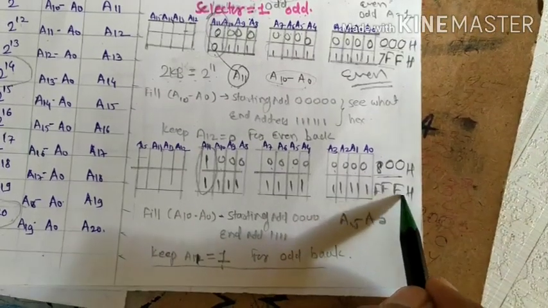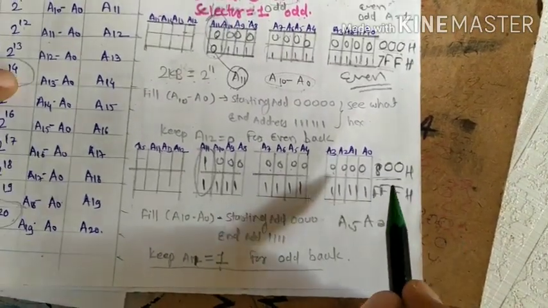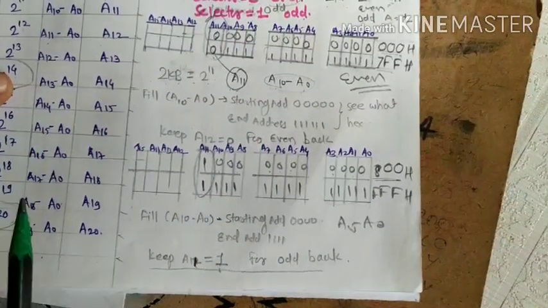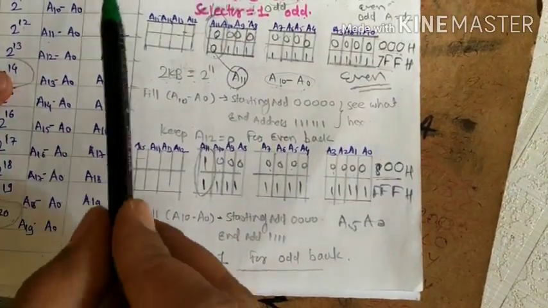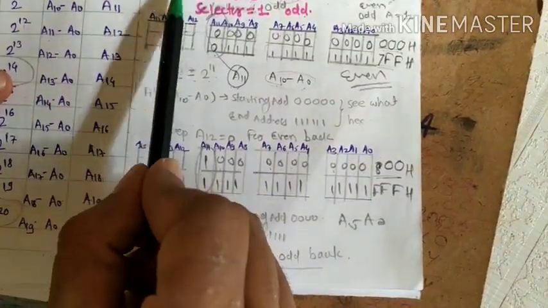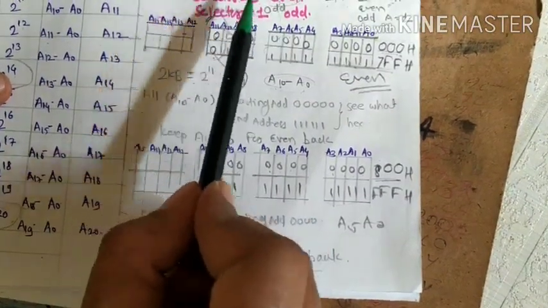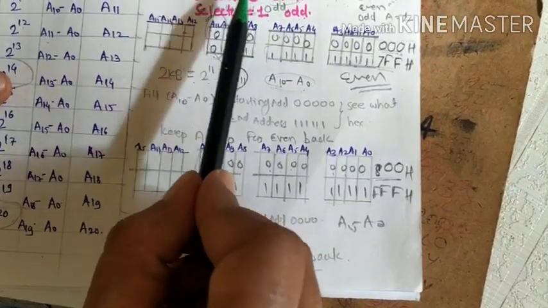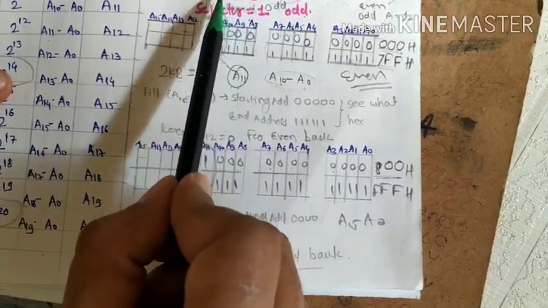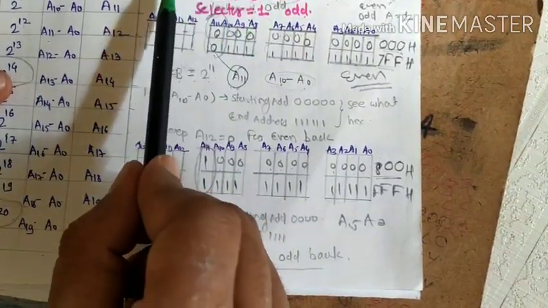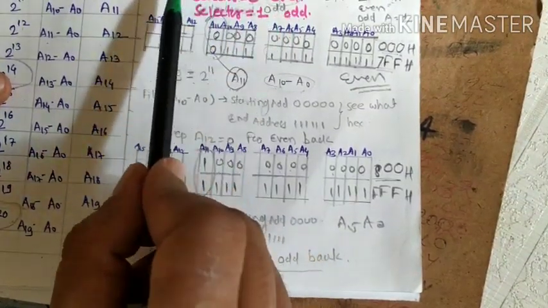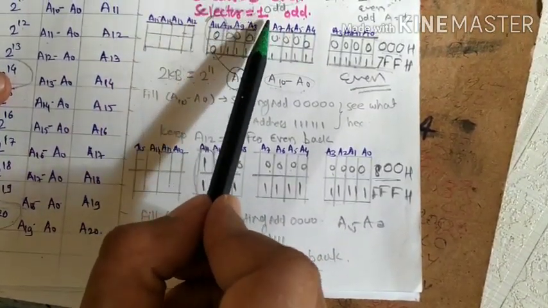I repeat, when you interface memory with 8051, you have to consider two parts of that memory, two memory banks: one memory bank as even, one memory bank as odd. For the even memory bank, you make the selector equal to 0, and for the odd memory bank, you consider the selector equal to 1.